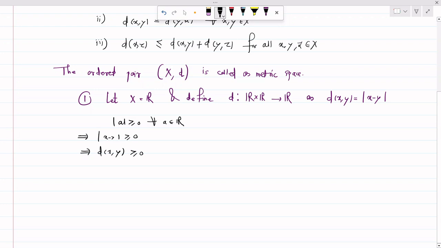Further, I want to show that d of x, y equals 0 if and only if x equals y. d of x, y equals 0 if and only if, by definition, mod of x minus y equals 0, but mod of a number is 0 if and only if that number is 0. So that is if and only if x minus y equals 0, and that is if and only if x equals y. So the first condition has been established.